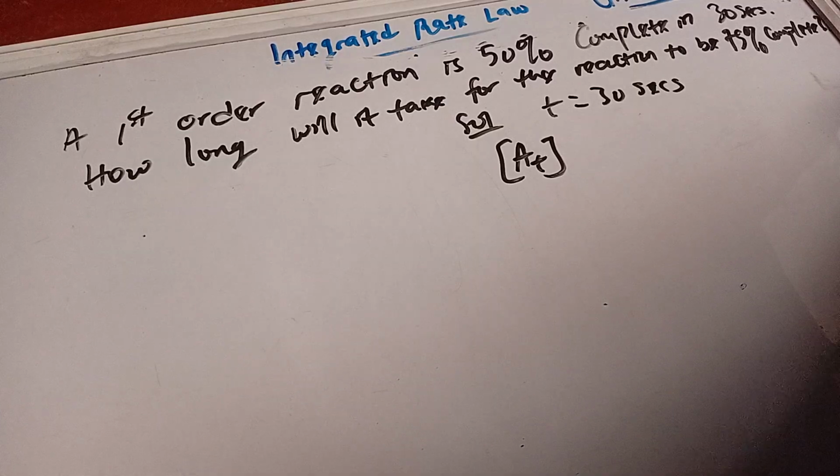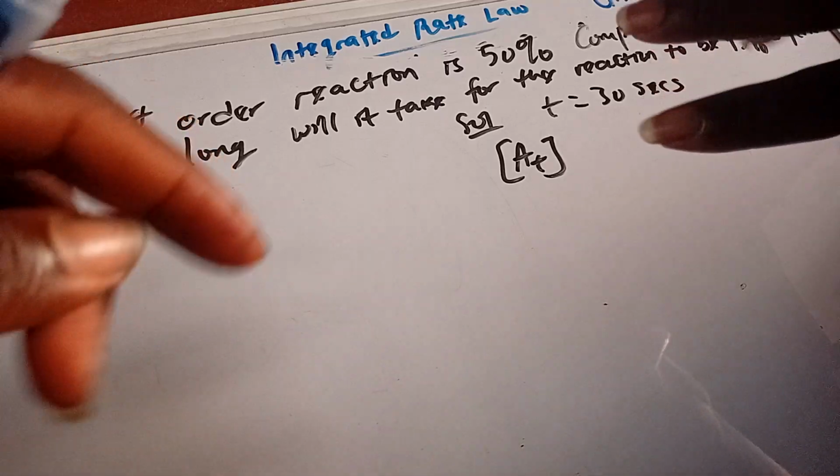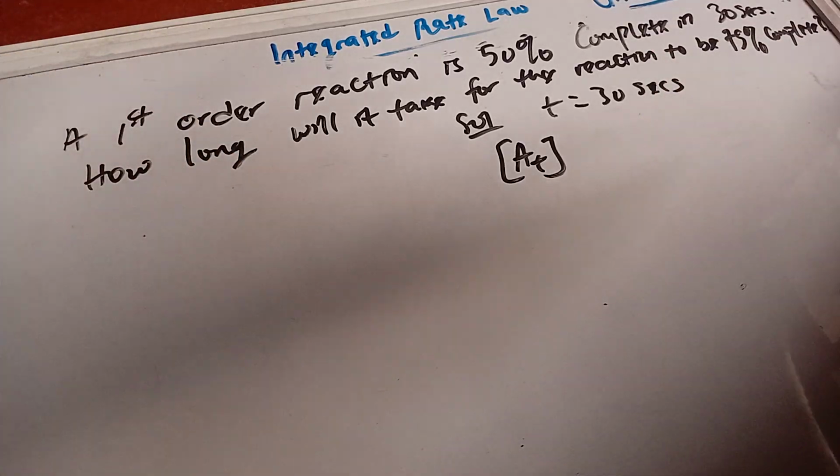For this one, the first one decreased to 25%. That 25% has not been used, so that one is still equal to the concentration at a particular time t. So that 25% is what we should use earlier. That was correct, what we did. Now this one, the amount of the incomplete part is equivalent to concentration.